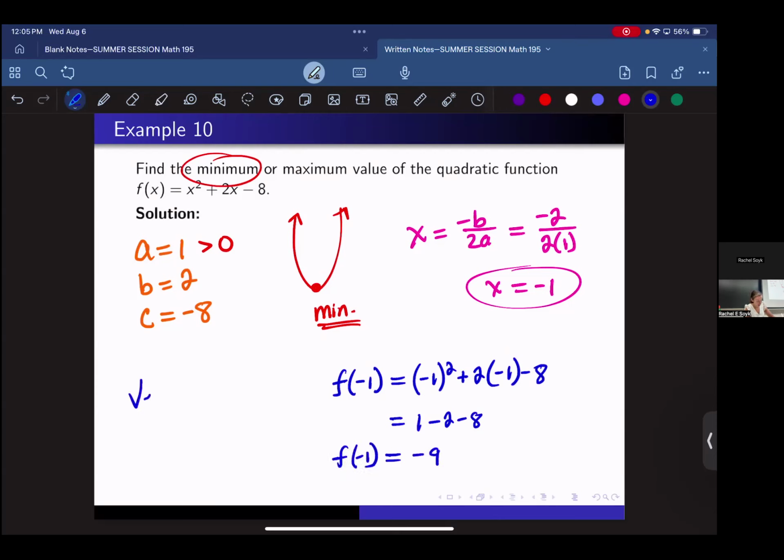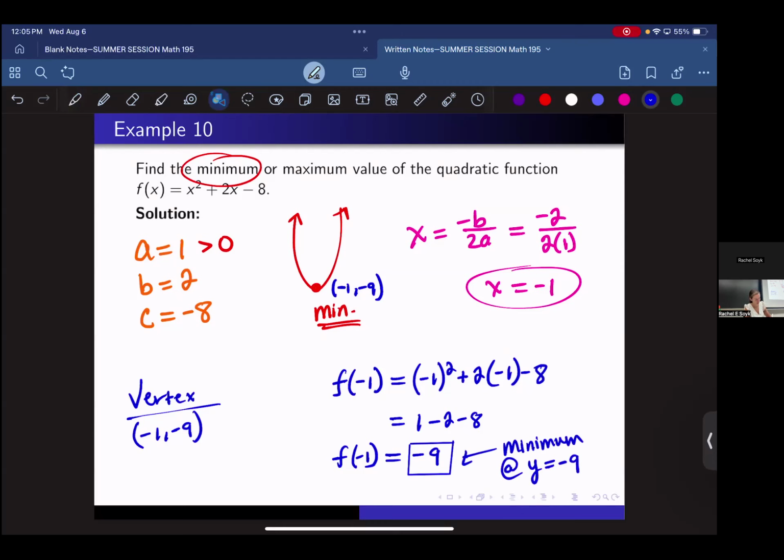So our vertex is just negative 1 comma negative 9. But again, when you evaluate the minimum or maximum, you just clearly look at that y value. So your final answer is minimum at negative 9. Or you can say minimum at y is equal to negative 9. And that's it.